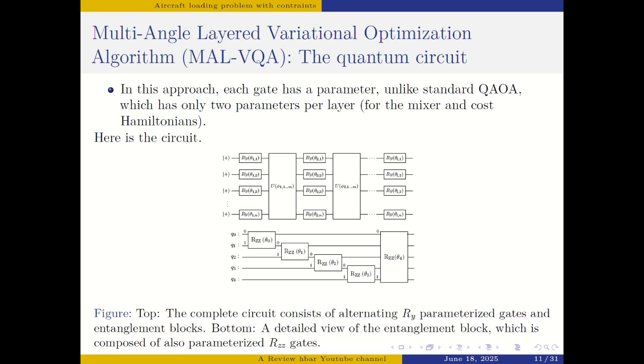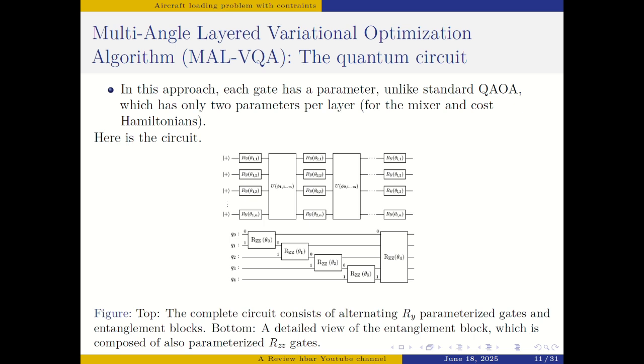First, a set of parameterized rotations is applied to each qubit. Then a second parameterized circuit is applied, specifically designed to create entanglement between the qubits. This two-block structure can be repeated multiple times to increase the expressiveness of the ansatz.